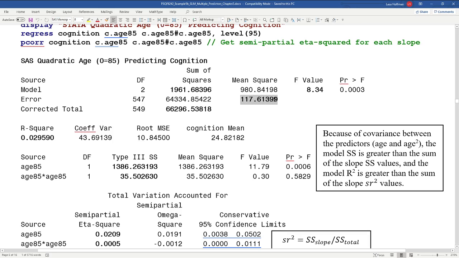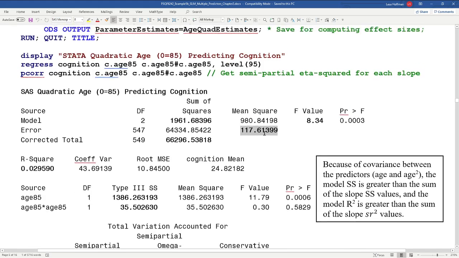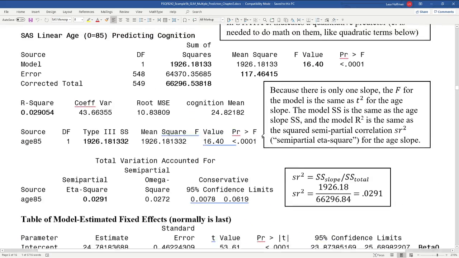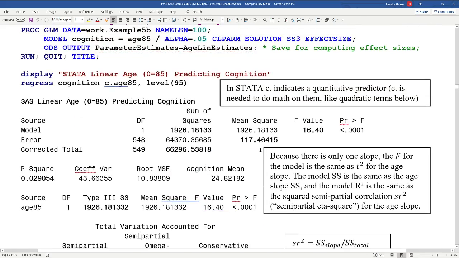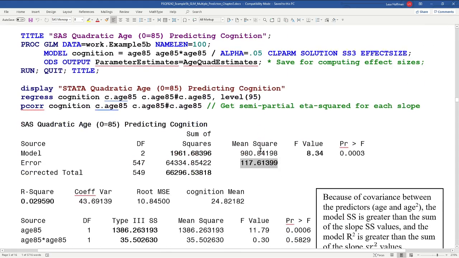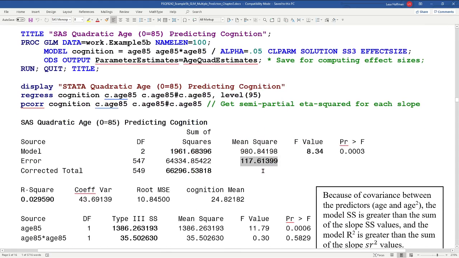My variability is variability in cognition. The residual variance is 117, which is pretty close to what it was before. Let me double check. 117.46 versus 117.61. So it actually went up a tiny bit.